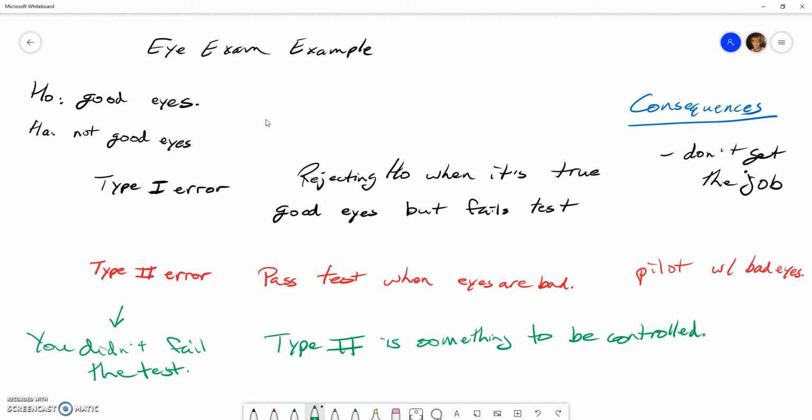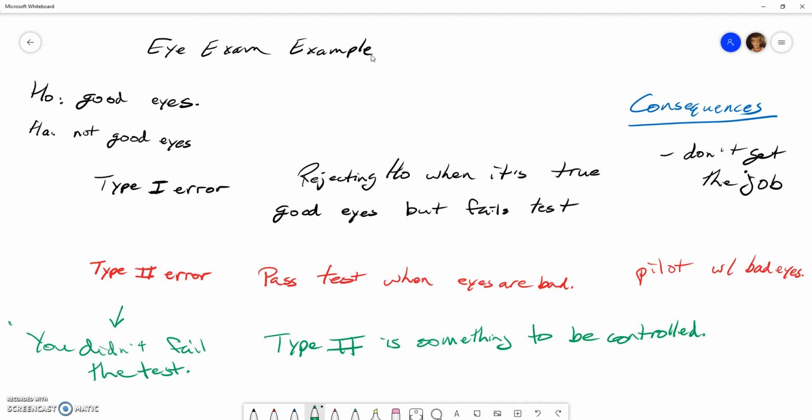Or something like, based on our exam, we don't have any evidence saying that your eyes are bad. It's up to the person reviewing the results or someone in the airline industry to actually say, well, I guess if you didn't fail the test, your eyes are good. So it's up to them to make that decision.